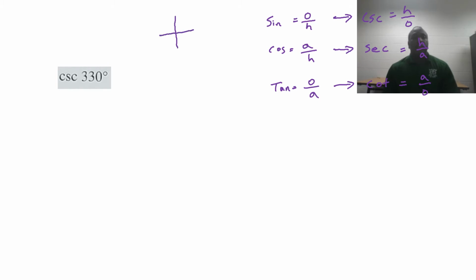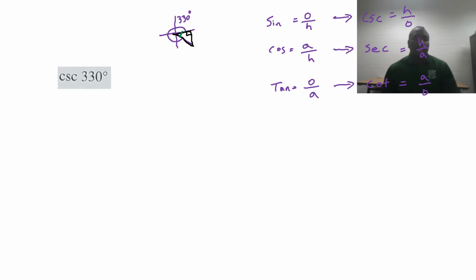First of all, 330 degrees is going to end up in the fourth quadrant. So that's 330 degrees. If we drew a reference triangle, so our reference triangle takes us back to the x-axis. So this is our reference triangle. Our reference angle is this small angle right here. How much would that be?